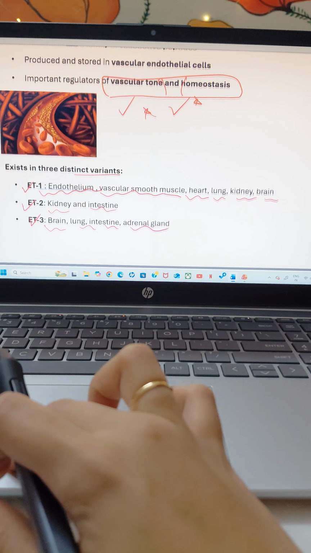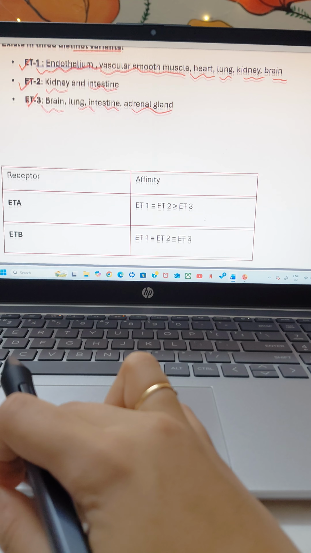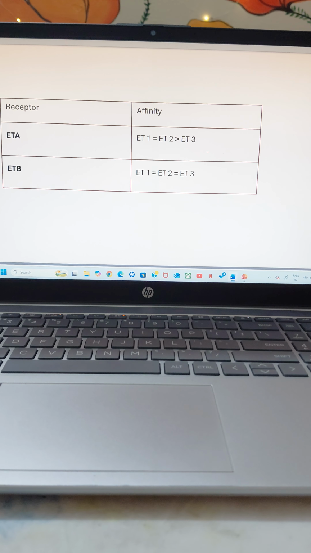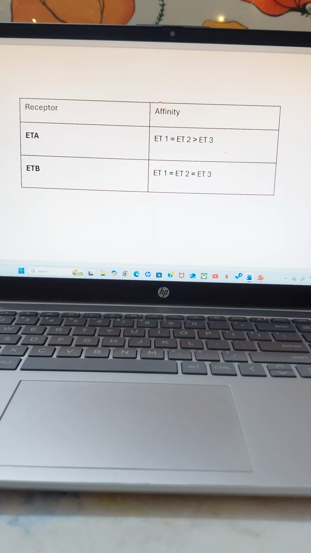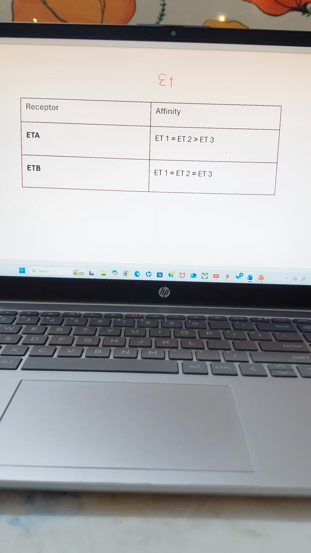Moving further, now we'll discuss the receptors and their affinity. Endothelin A and endothelin B are the two types of receptor on which endothelin 1, 2 and 3 act.